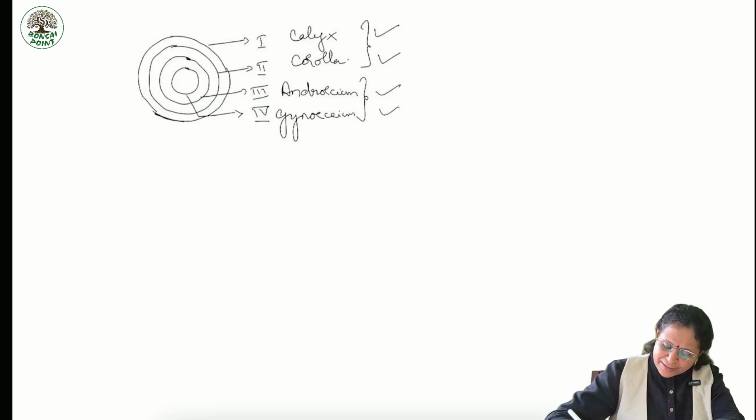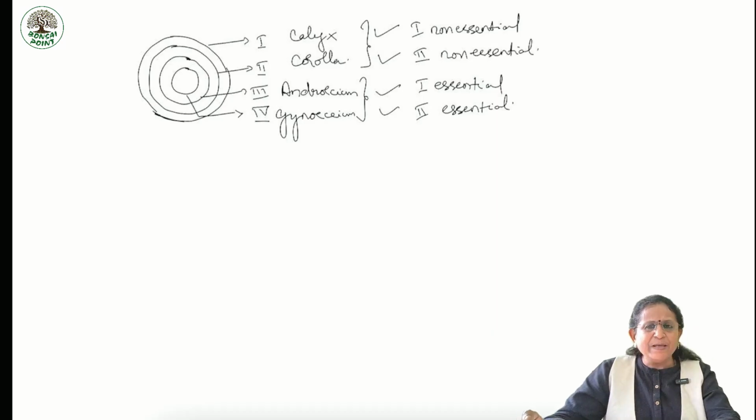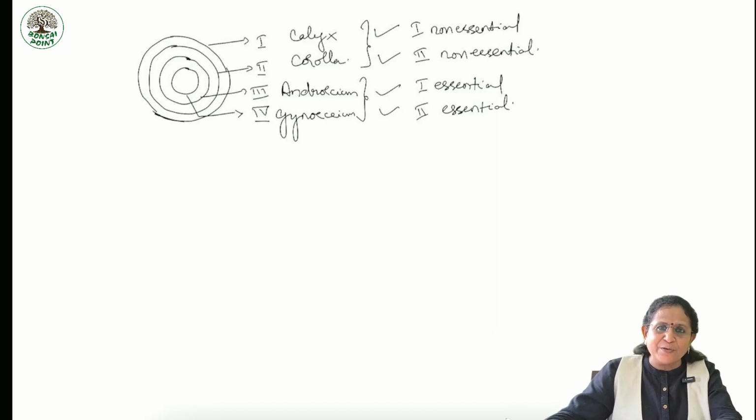Okay. So, this is first essential, this is second essential, this is first non-essential, and this is second non-essential. It is very simple. Please be alert while reading the question. Read the question twice, answer once.